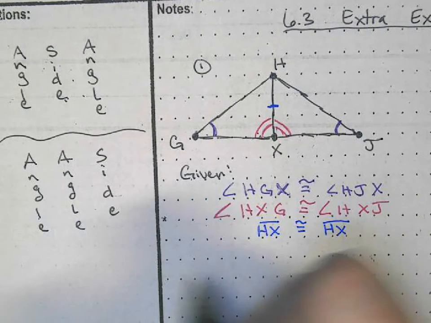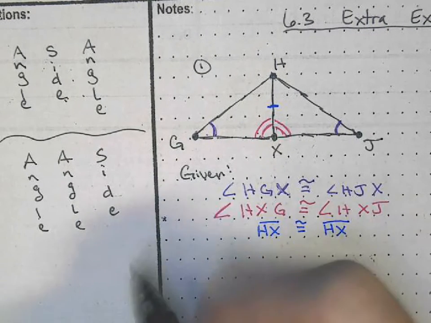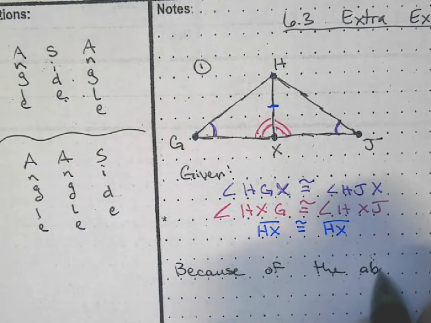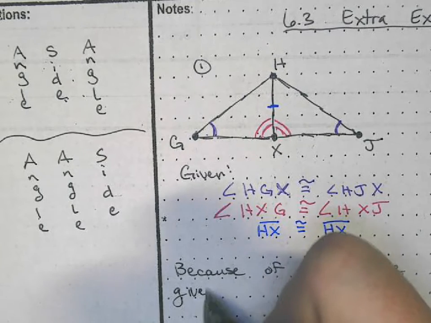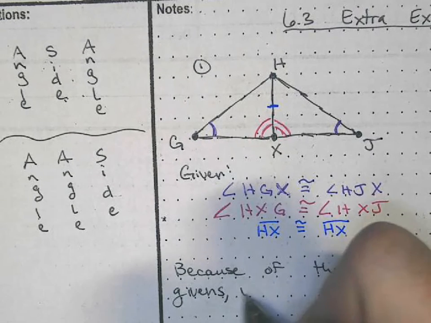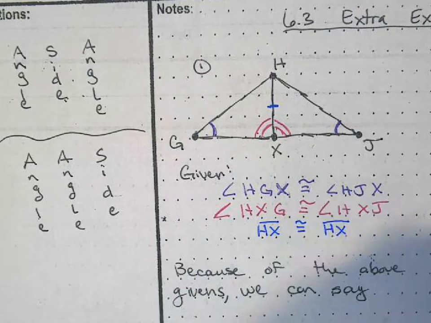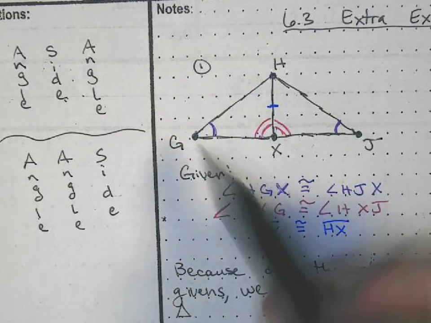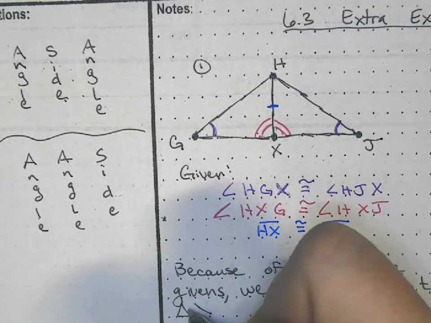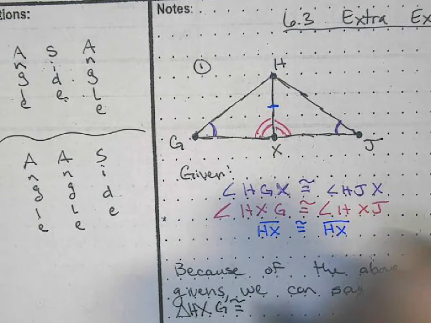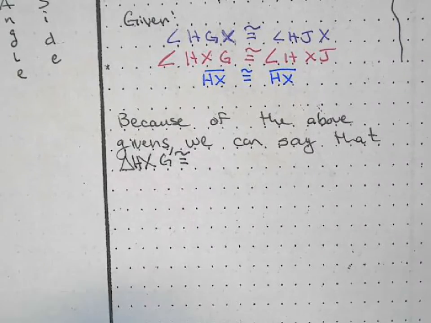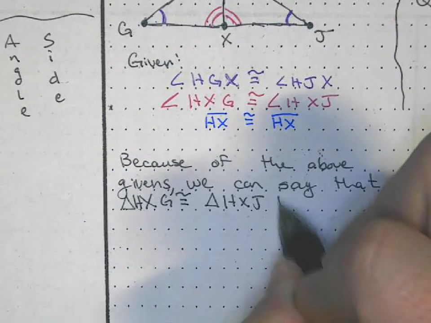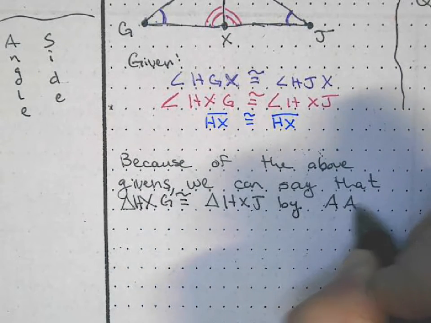So we can say, because of the above givens, I'm not going to list them again, because of the above givens, we can say that triangle HXG is congruent to triangle HXJ by angle, angle, side.